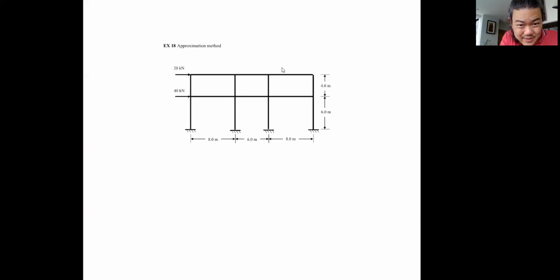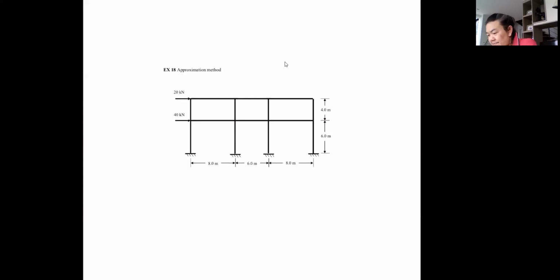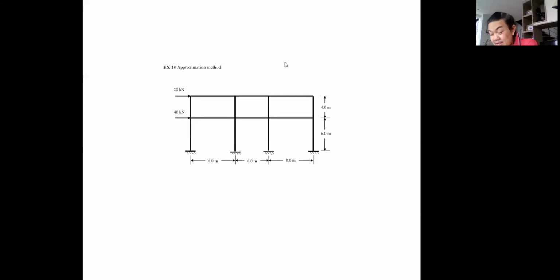Okay, whatever that means. So this is going to be the structure that we are going to approximate. If you are going to use the force method, it's impossible. Force method is out the window. If you want to use the displacement method, the slope deflection, how many equations are you going to need?